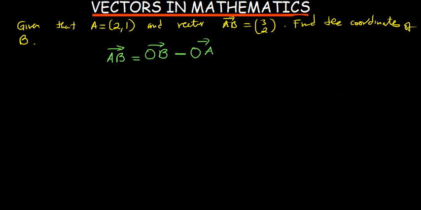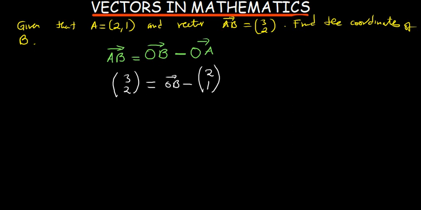So after writing this, now you put what is AB. Vector AB they've given us is this one, so we're going to write it here, 3 2, and this is going to be equal to OB. We don't know OB, that's what we want to find, so we're going to write OB like that, minus OA. OA, we are able to see it is 2 comma 1, but now since we are dealing with vectors here, write it as a vector, so 2 comma 1 will be written as 2 and the 1 down here as a vector.